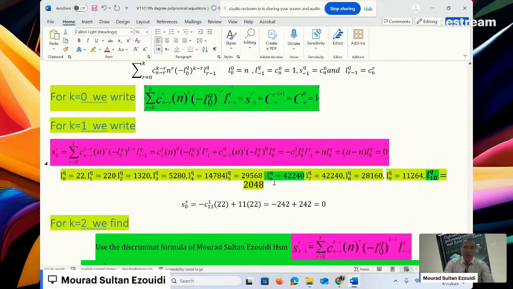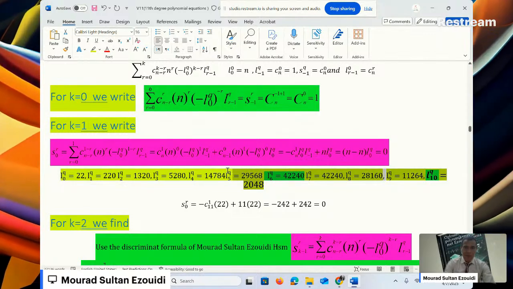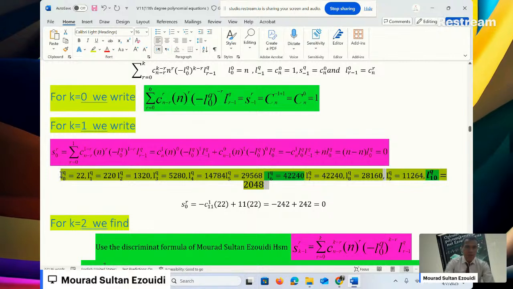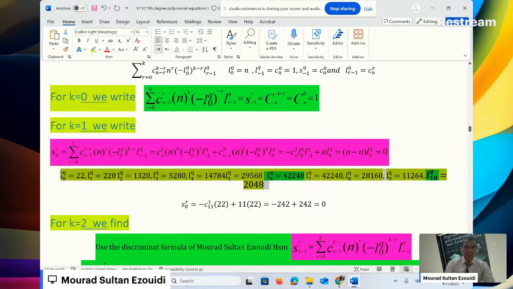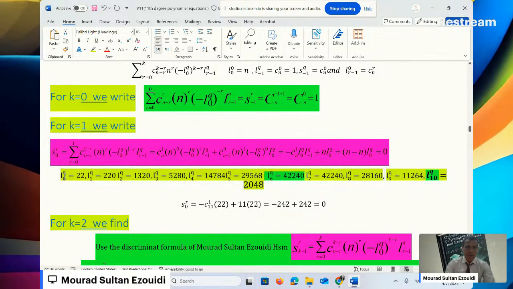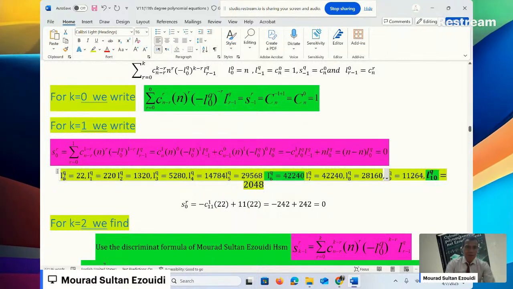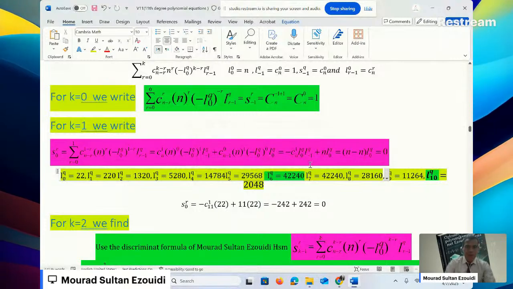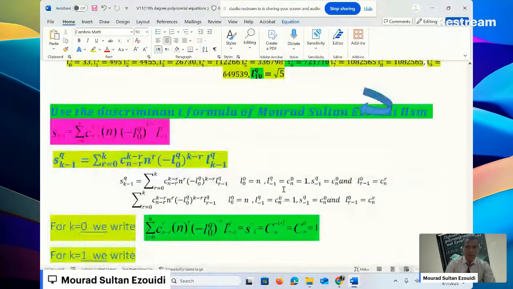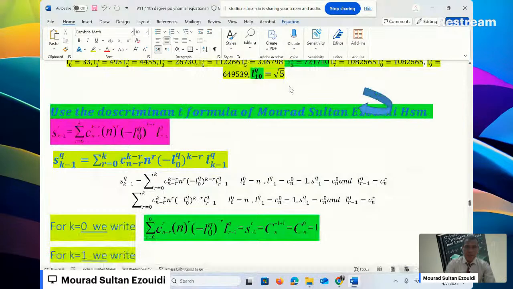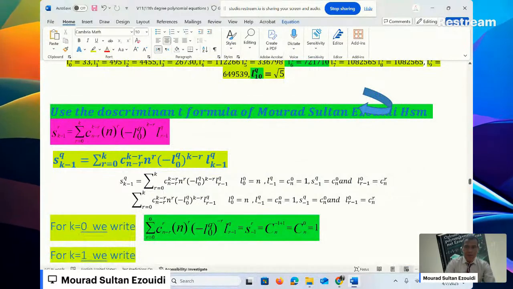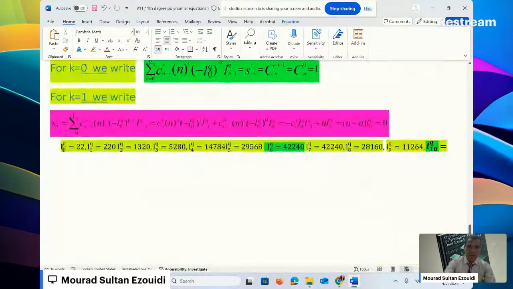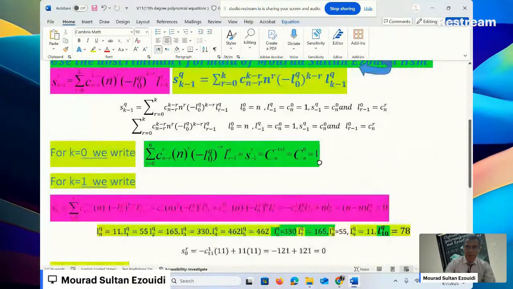Okay, now we'll change this one because we changed the coefficient, the new coefficient. Make copy.